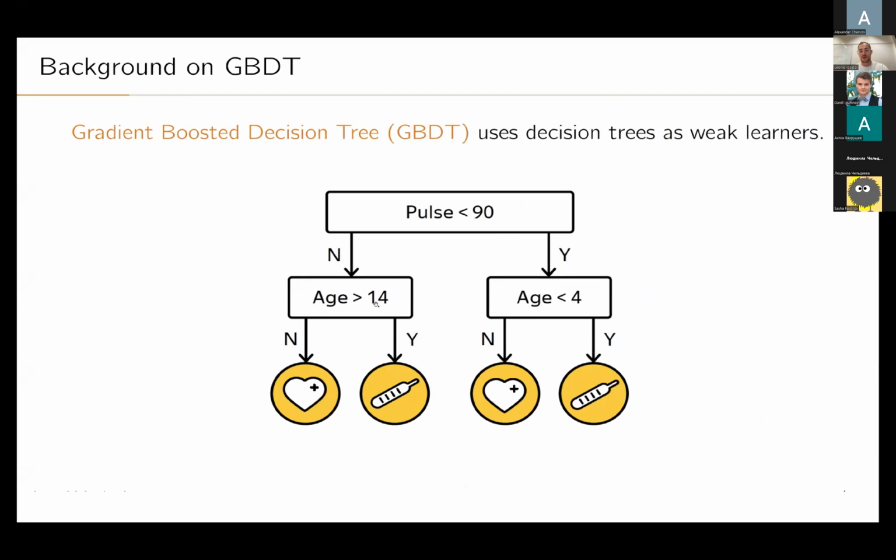We have different nodes, and each node corresponds to a split, and a split is based on some feature and threshold of a feature, and then each sample falls down into one of the leaves, and at each leaf we have a prediction. It might be just a class or a regression response.